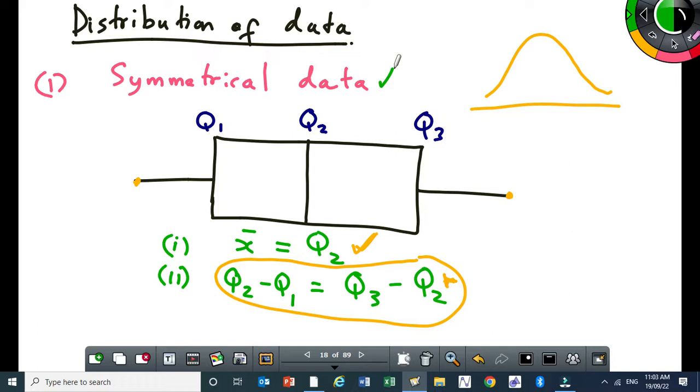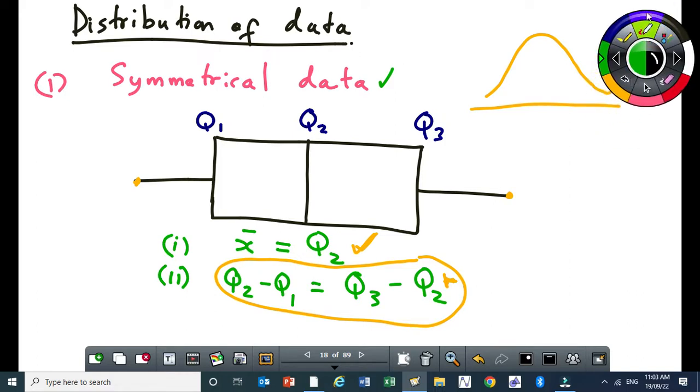Okay? Then the best way of finding out whether the data set is really symmetrical is to calculate the mean of that data set. Then obviously determine the median Q2. If the mean and the median are equal, then the data set is considered to be symmetrical.